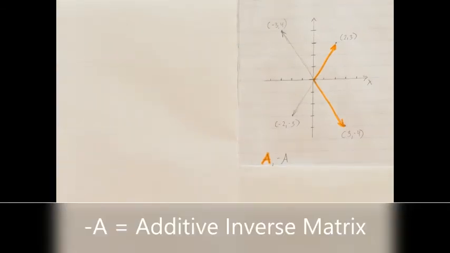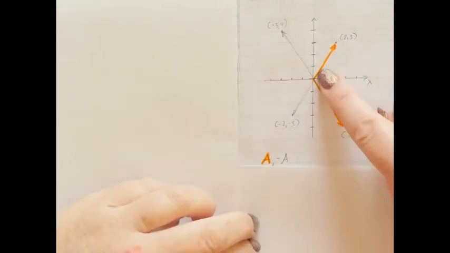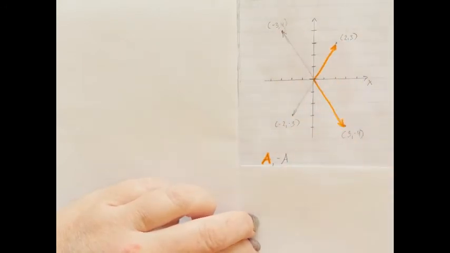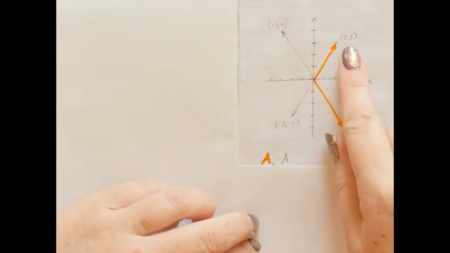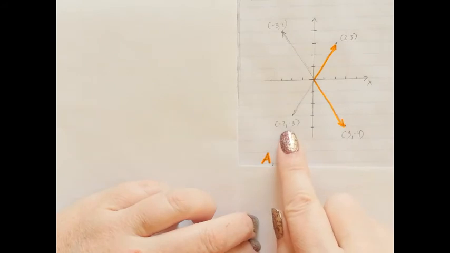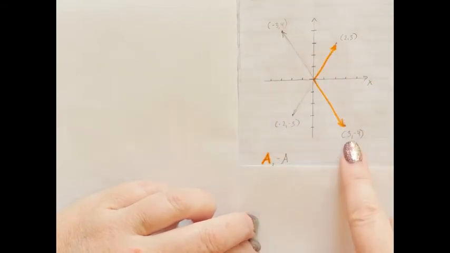Now let's discuss A and negative A. So A is the one in orange. A is this one right here. And the one in pencil is negative A. And what do you notice about those? Take a look at the signs for 2, 3, and negative 2, negative 3. Negative 3, 4, and 3, negative 4.